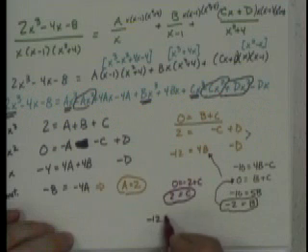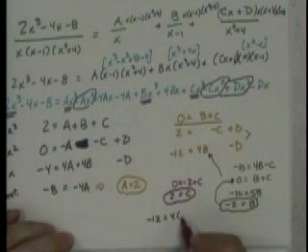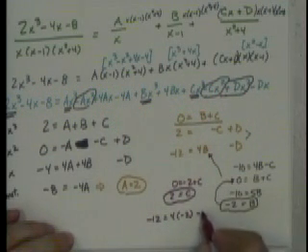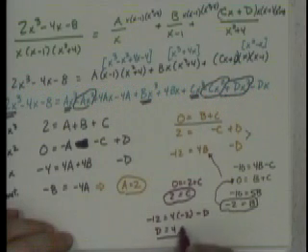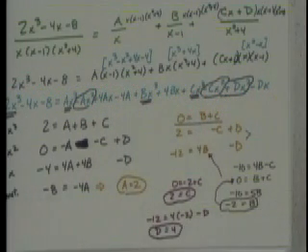So -12 equals 4 times -2 minus D. So D equals 4. Lots of algebra. Nothing really having to do with calculus.